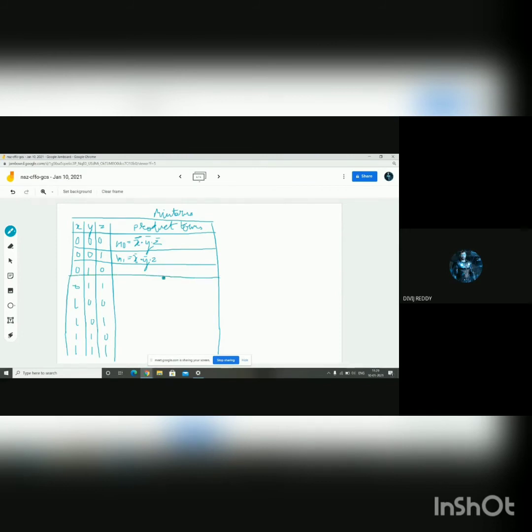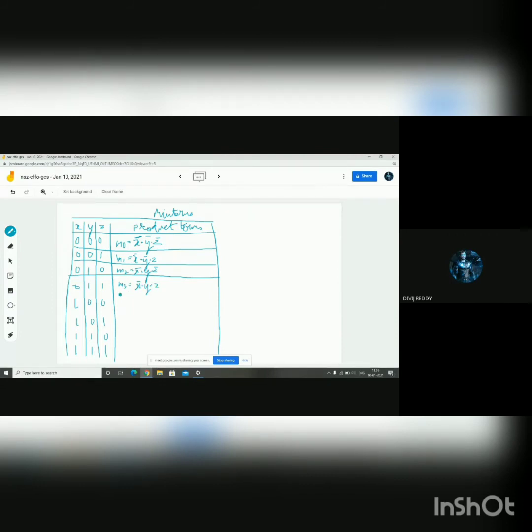Now second. Here we have x is 0, so we take x complement. We have y 1, so we take y as it is. We have z 0, so we take z complement. Next case. Here we have x 0, so we take x complement. We have y as 1, so we take it as it is. We have z as 1, so we take it as it is.